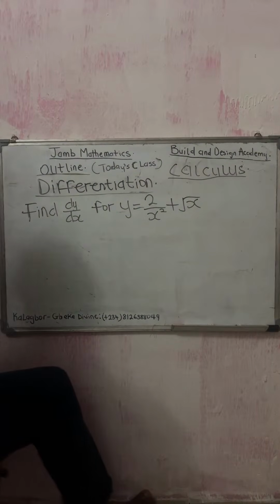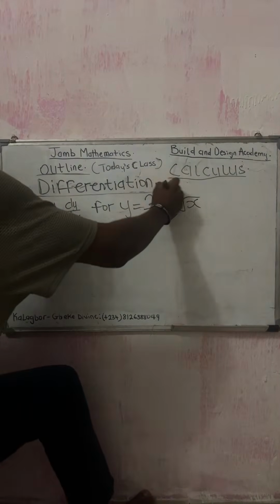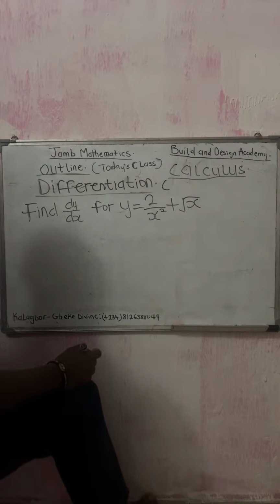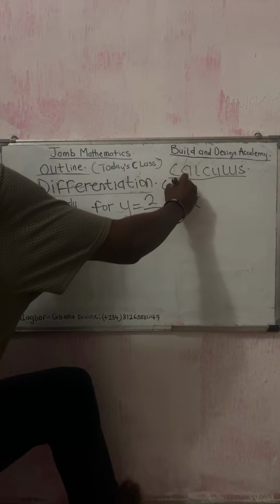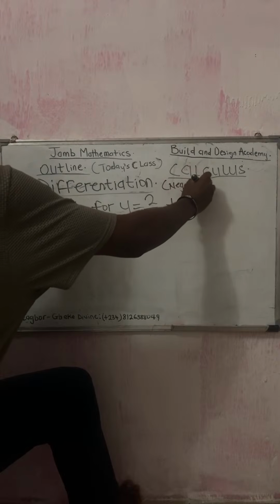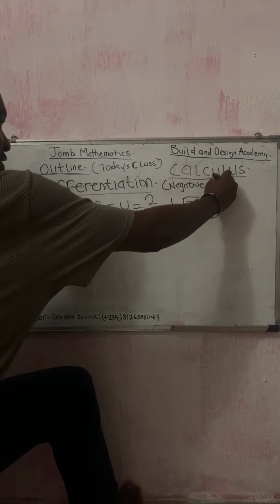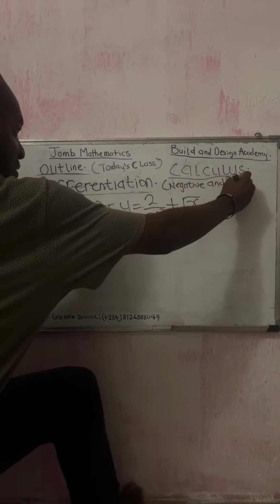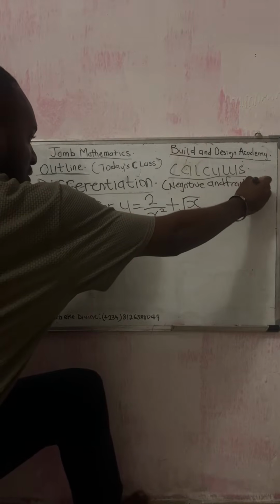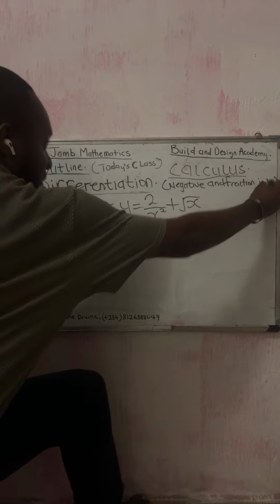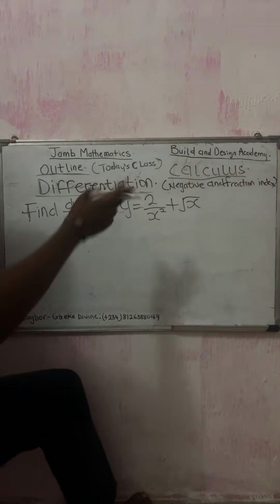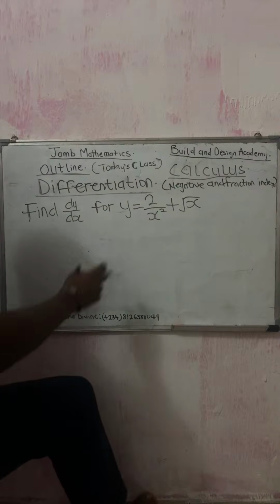In this one, we have both a negative and a fractional exponent. Please take notes: negative and fractional exponent, or index, or power. Remember from our laws of indices, exponent simply means index or power.